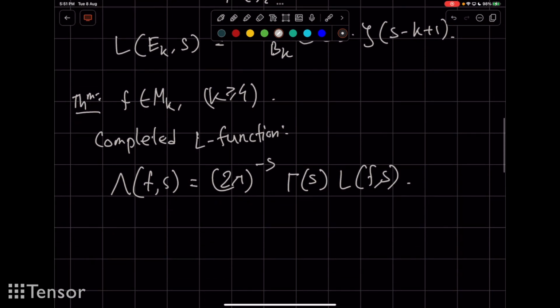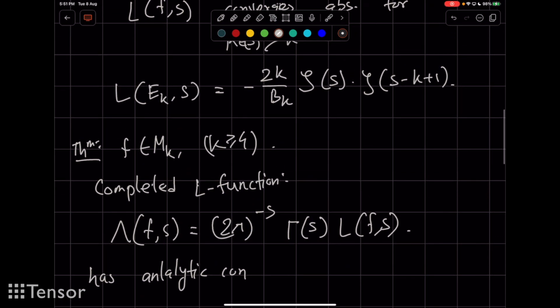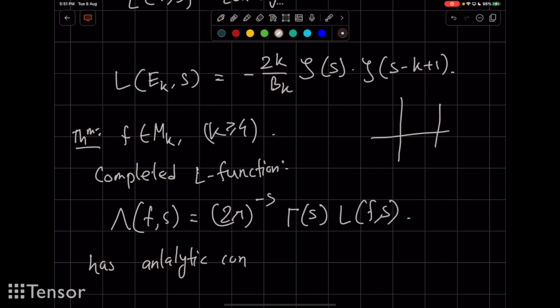The theorem states that this completed L function has analytic continuation. Initially the L function is defined in the half plane where the real part is greater than k.